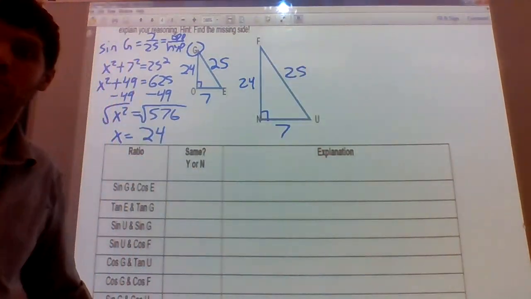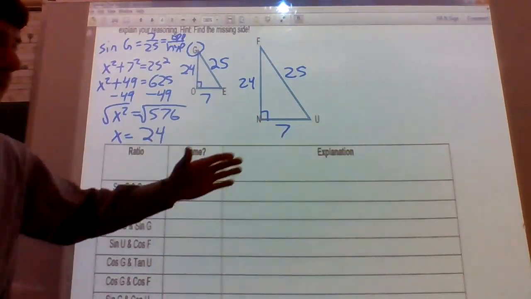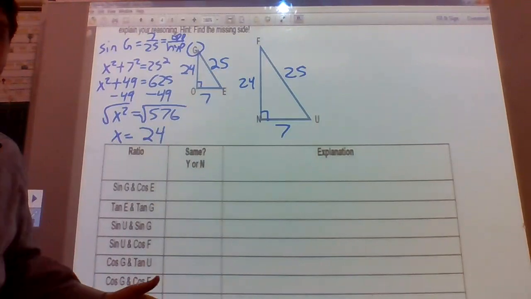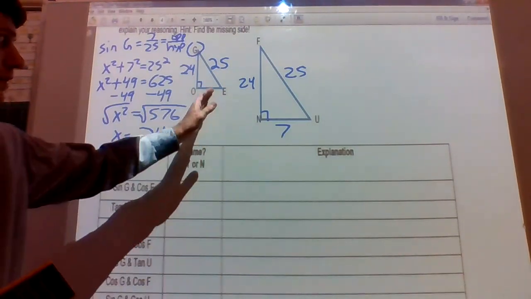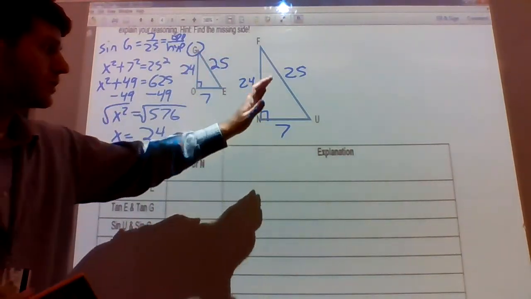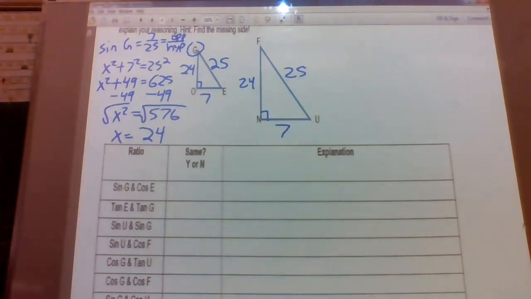They certainly look larger than these. So maybe this is 14, 48, and 50, and this is 7, 24, and 25. We don't know the actual lengths. All we know is the ratio of those sides is 7 to 24 to 25. So since these are similar triangles, this one is also 7 to 24 to 25.